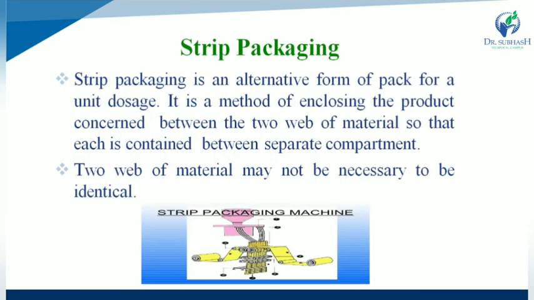Next, strip packaging. Strip packaging is an alternative form of packaging for a unit dosage form. It is a method of enclosing the product between two webs of material so that each is contained in a separate compartment.